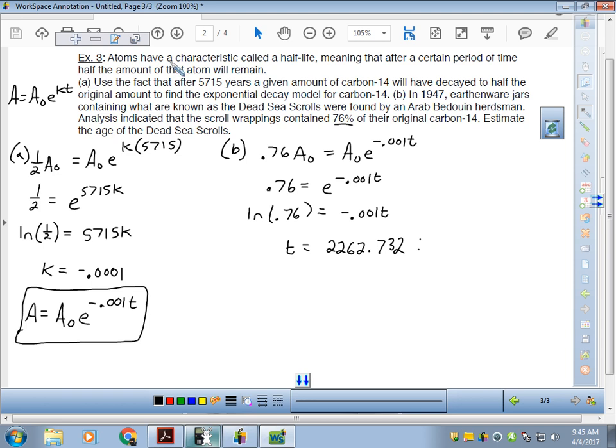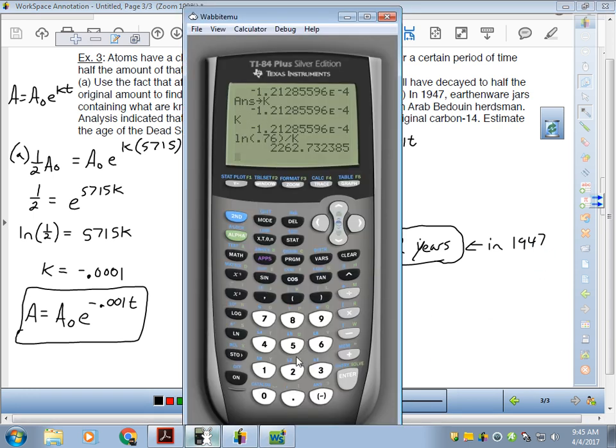And that would be measured in years, because that's what the time was measured in. So when they found them, this is how old they were in 1947. Well, if we wanted to figure out how old they are today, we can just figure out how many years it's been since 1947. So 2017 minus 1947, it's been 70 years.